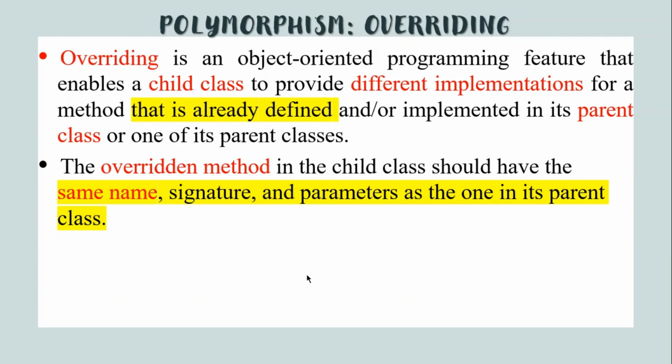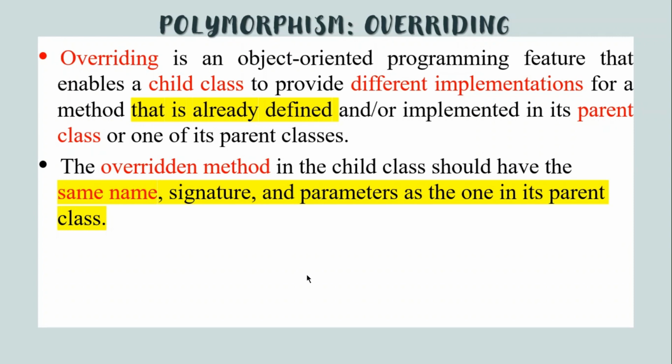In this situation, the overridden method needs to have the same name as the one in the superclass, the same signature, and the same number and data types of parameters as the method in the superclass. So it cannot be different, as in overloading.